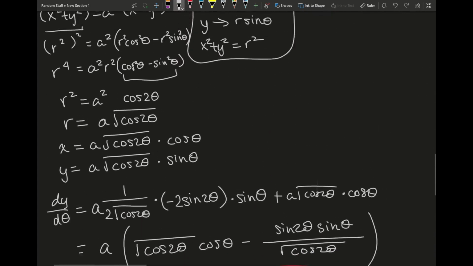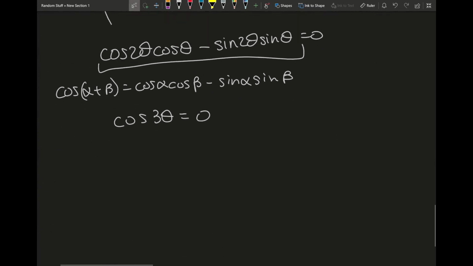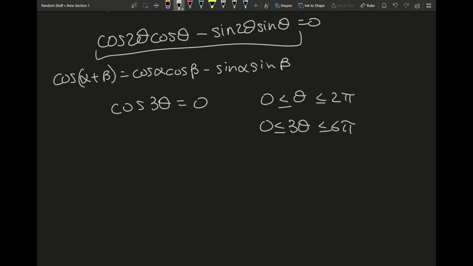Now when we're looking at the lemniscate, we notice that theta just has to go from 0 to 2 pi. So we can restrict our domain to this, and that means that 3 theta goes from 0 to 6 pi. So when is cosine equal to 0?